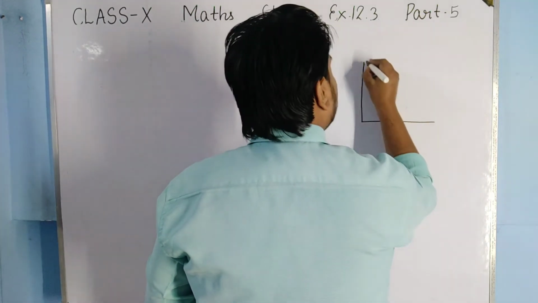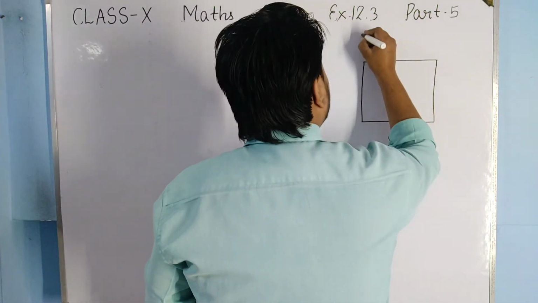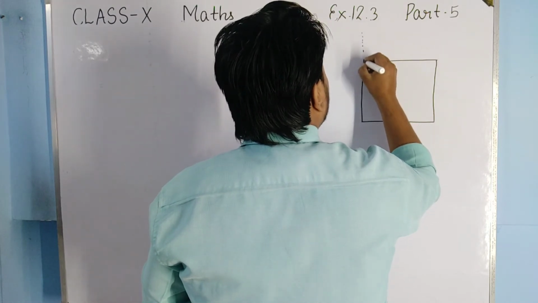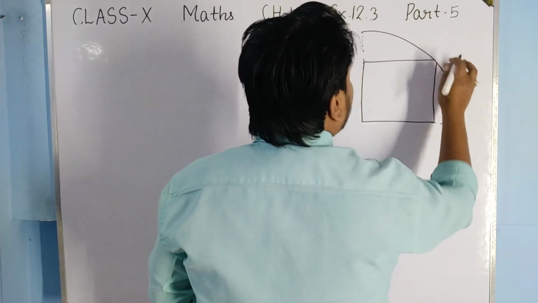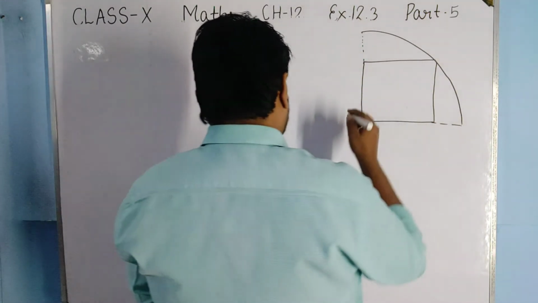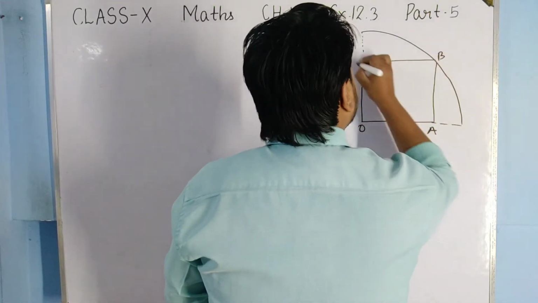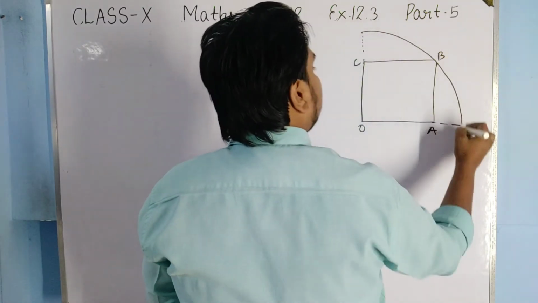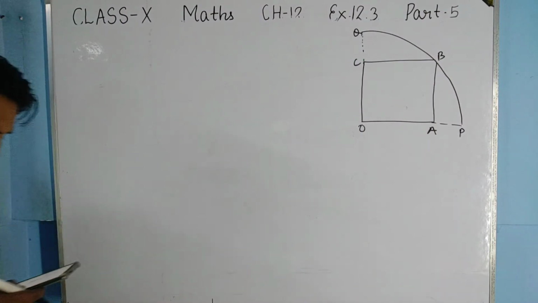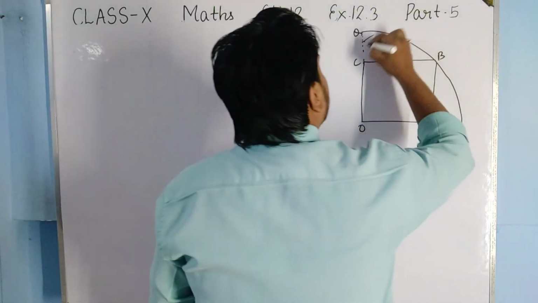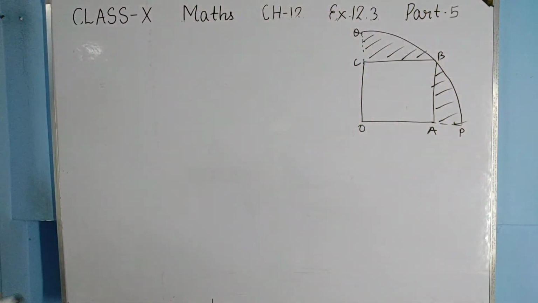See, in question number 12, one square is given and the figure is given like this. It is O, A, B, C, and this is P, Q, and this region is shaded.